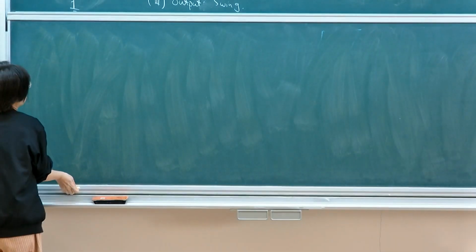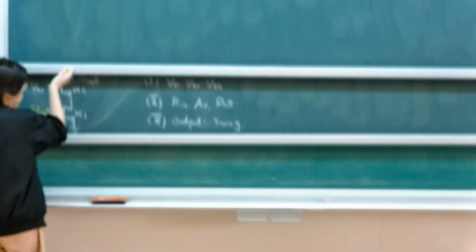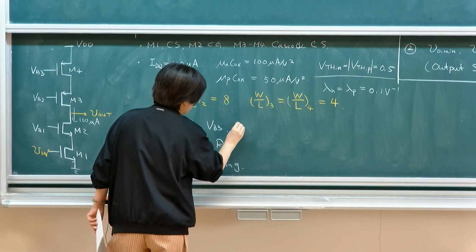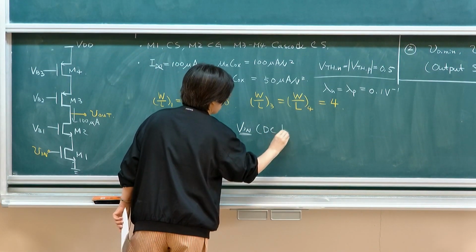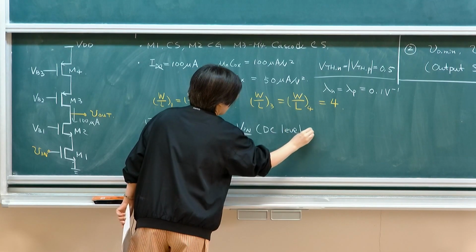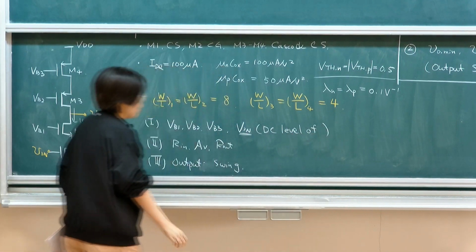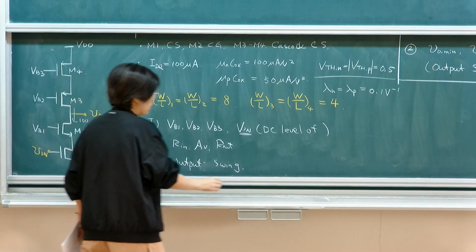We should also be able to identify the DC bias of Vin. So this is the DC level of the input voltage.